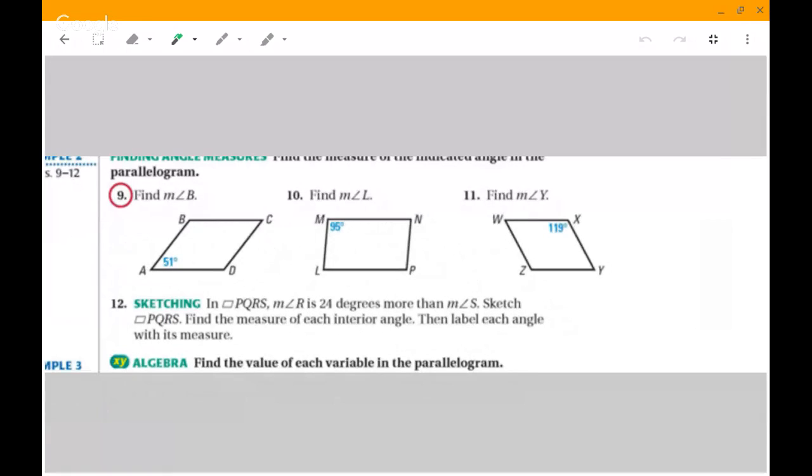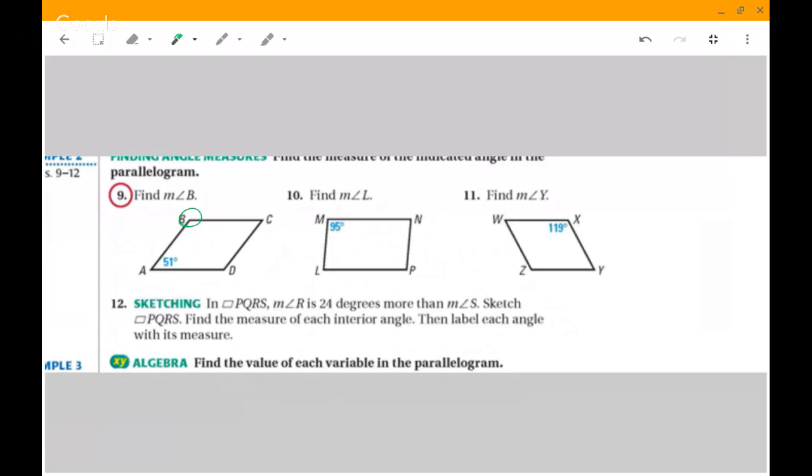Okay, so you're trying to find the measure of number 9, angle B up here. And you know the 51. How are angle A that you know and angle B, how are they related? They're consecutive interior. Mm-hmm.